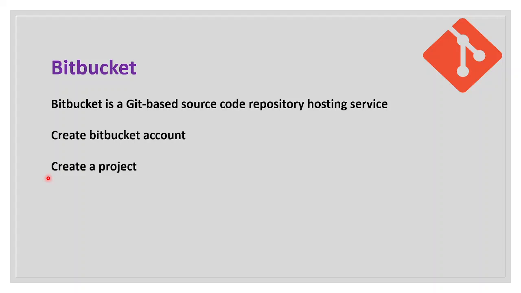If you are working on any particular project, you need to create a project in Bitbucket. For that, first we need an account. These things come with Bitbucket administration, but as a developer, we won't do these activities.